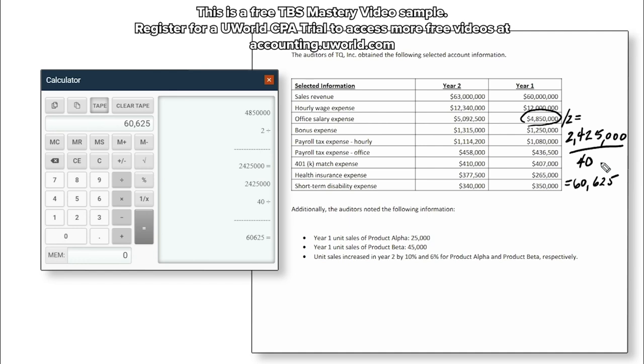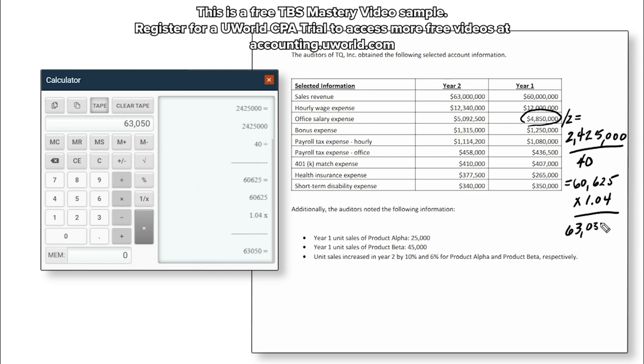But there was another change, the mid-year salary increase. So salaries increased mid-year by 4%. So I need to add another 4% to that amount to get my average salary for the second half of the year. So I'm going to multiply the 60,000 by 1.04. So in my calculator, I'll come over here and multiply by 1.04, and that gives me 63,050.